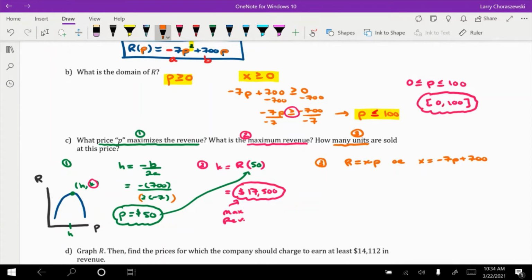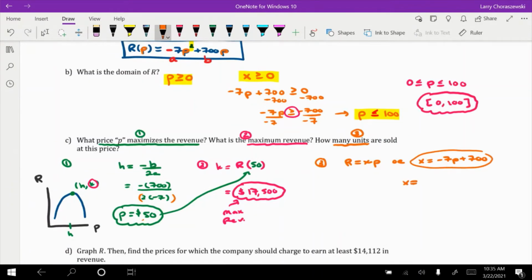All right, so which route do you guys want to take, X times P or the demand equation? First or second, which one do you want to use? Okay, we can do that. We'll use this one.